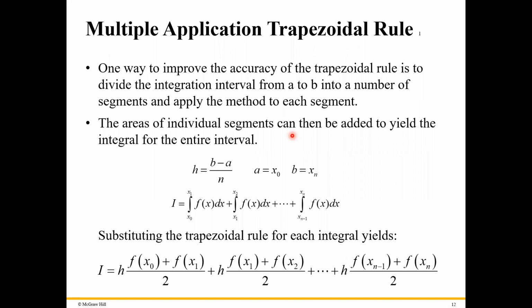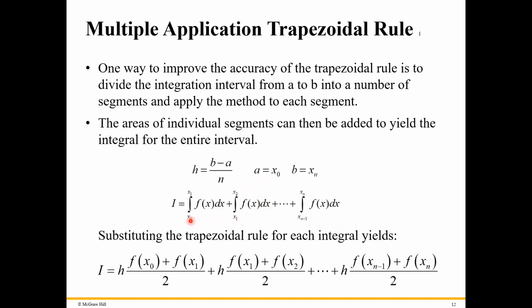That means we can reduce the intervals: instead of taking a single large interval equal to b minus a, we can divide that interval into n segments. n can be any number greater than or equal to 1, so for example we can divide it into 2 segments, 3 segments, 4 segments, etc. In that case the width of the interval will become h, which will be equal to b minus a over n, and we will have n intervals.